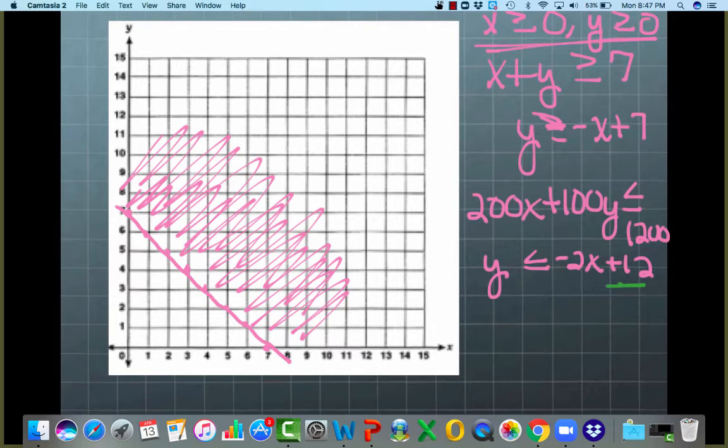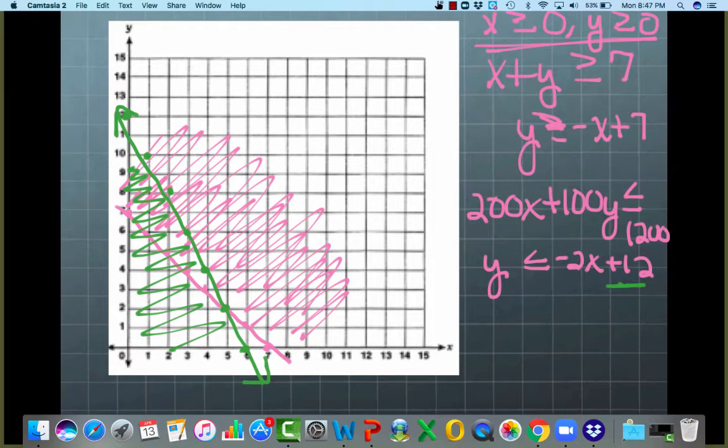Notice again, I'm being very careful about graphing this because the points where these graphs meet and where we touch the x and y axes are really important. Then I connect that with a solid line, and we were less than or equal to that, so I shade everything below that line.